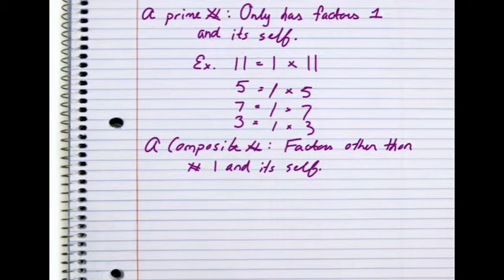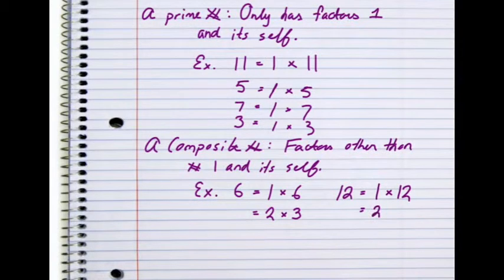Some strong examples of these would be the number 6. 6 is a composite number because not only can it be solved by multiplying 1 times 6, but it can also be solved for by multiplying 2 times 3. Another composite number would be 12. You can solve for the number 12 saying 1 times 12, 2 times 6, and 3 times 4. So there are definitely many other factors besides the number 1 and itself.